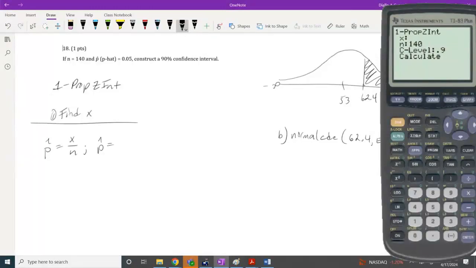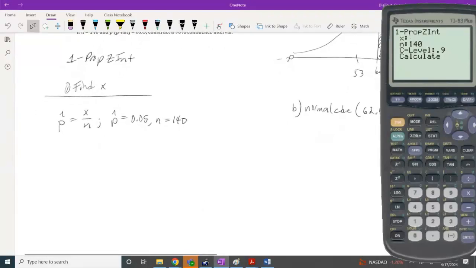So p hat is 0.05 and n is equal to 140. So I'm going to substitute in those values and solve it for x. So p hat is 0.05. That's equal to x, which we don't know, divided by n, which is 140.